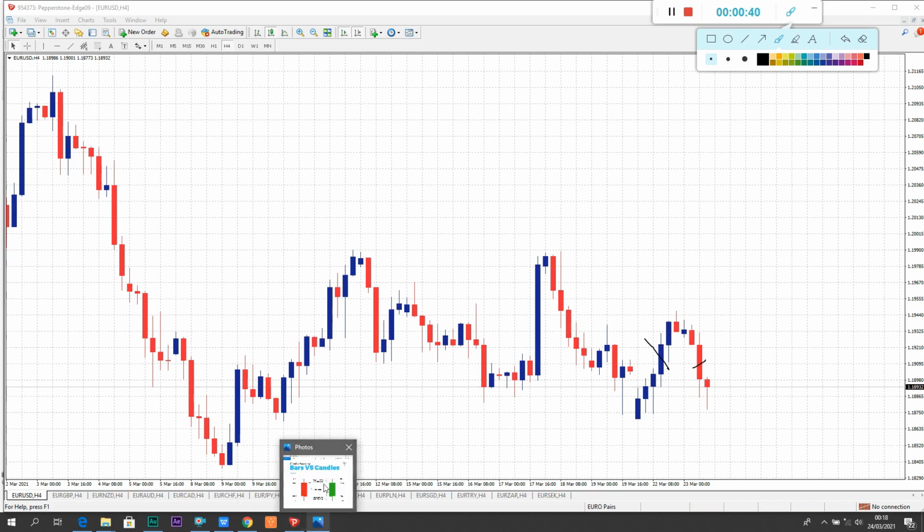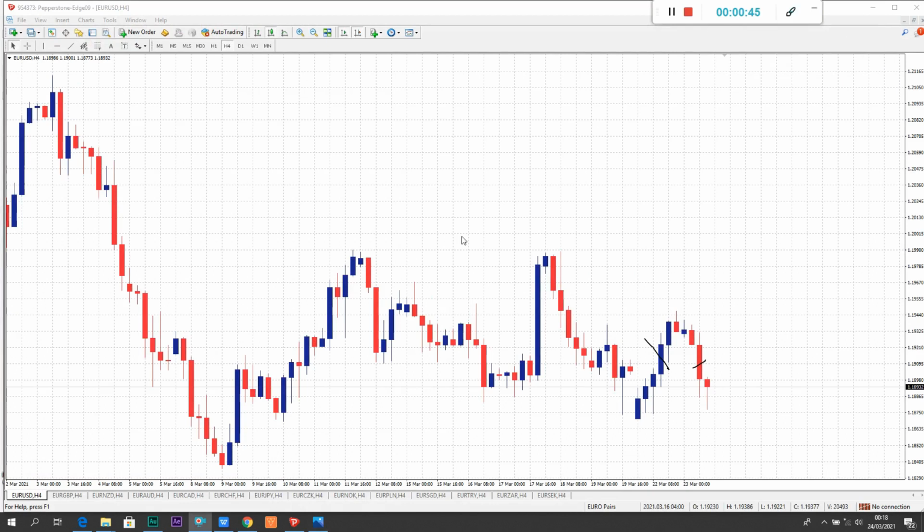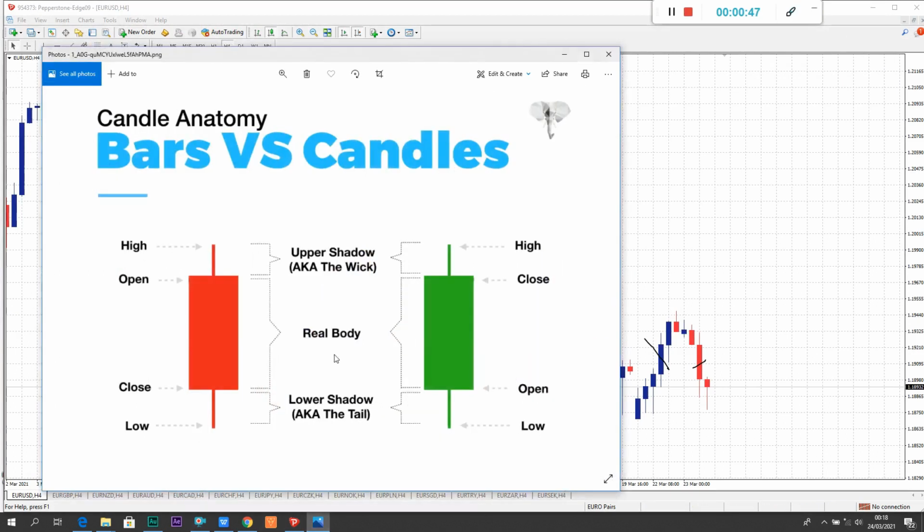When you open up a candlestick, it normally has some features like this. It has an upper shadow, this one here, which is also called the wick. Then it has a lower shadow, which is also called the tail.